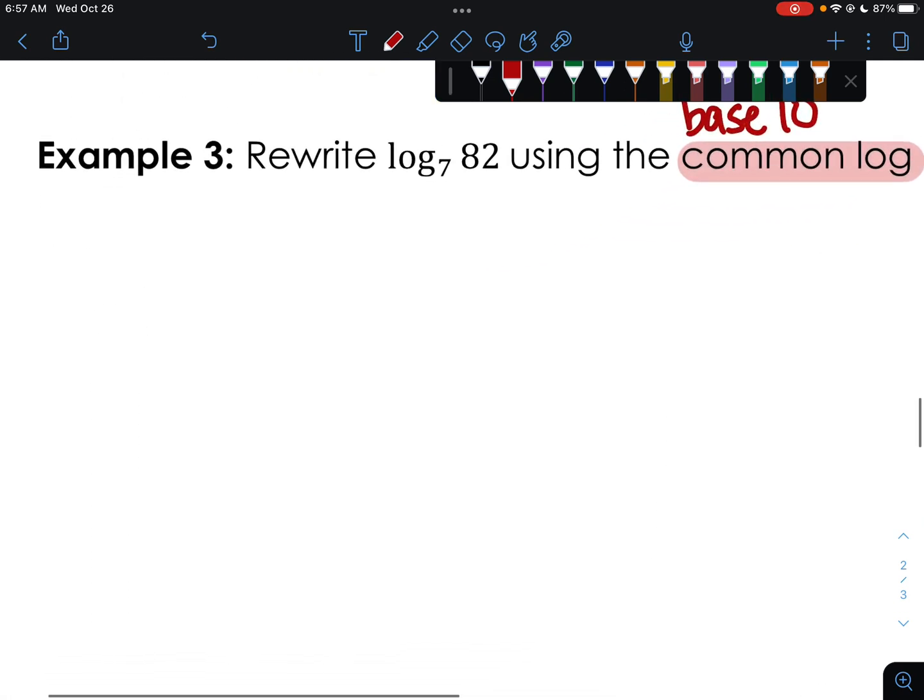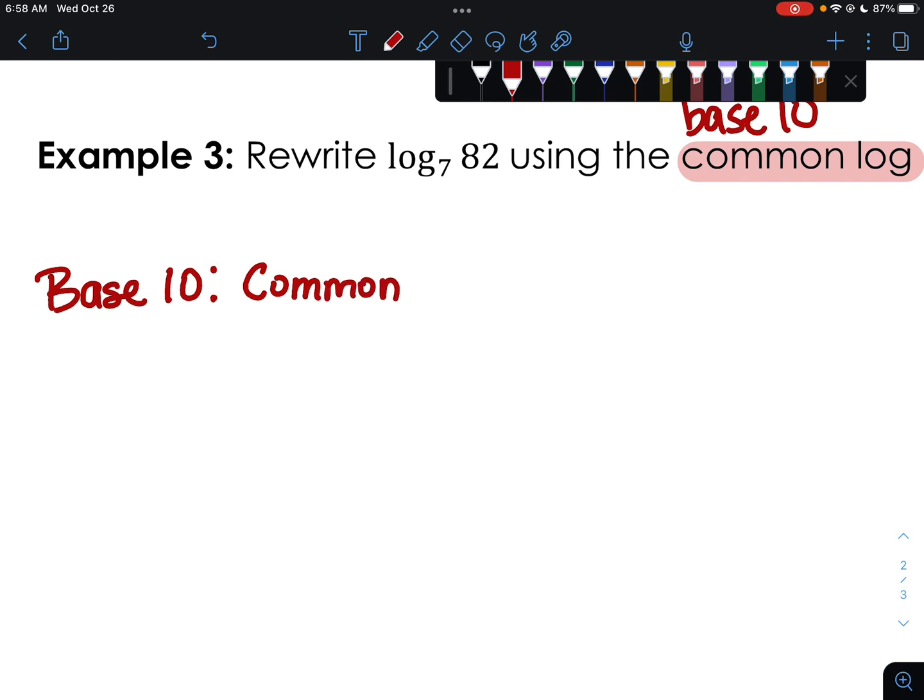So first we're going to start with base 10, which is the common log. So we have log base 7 of 82.